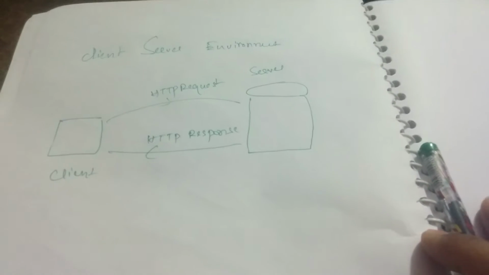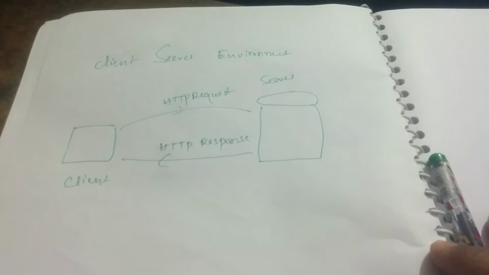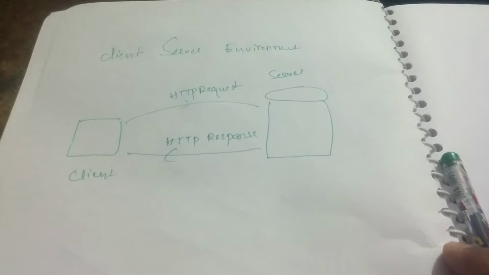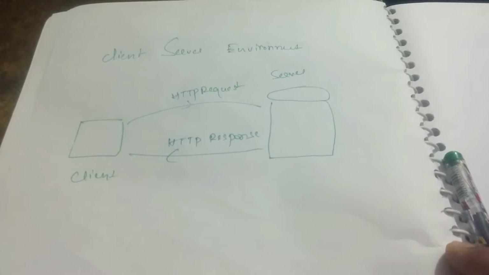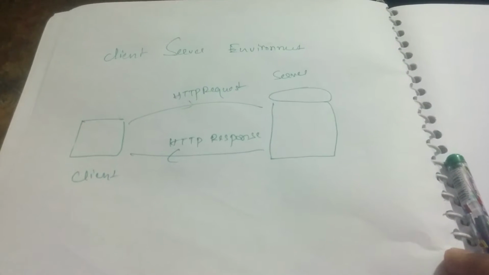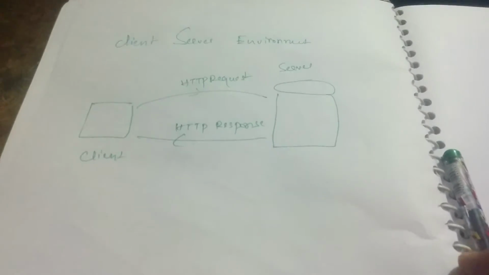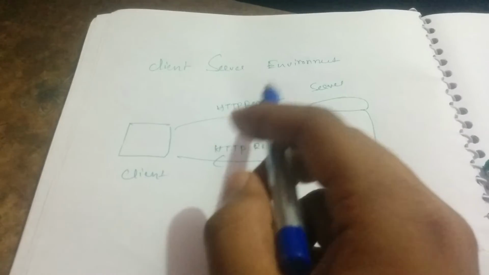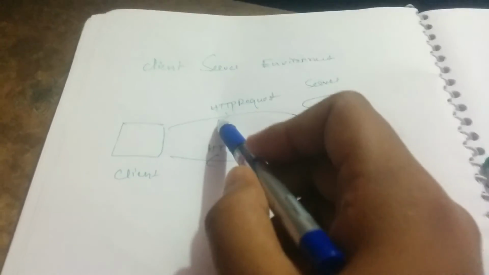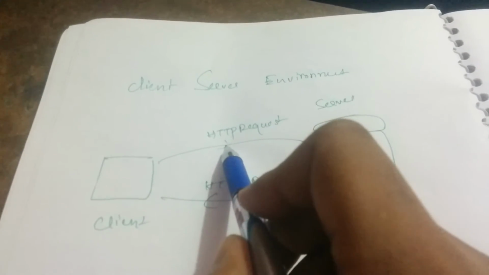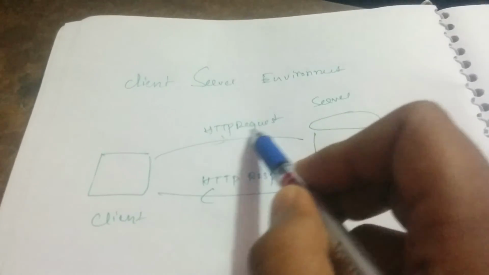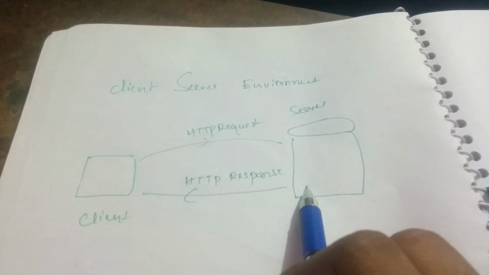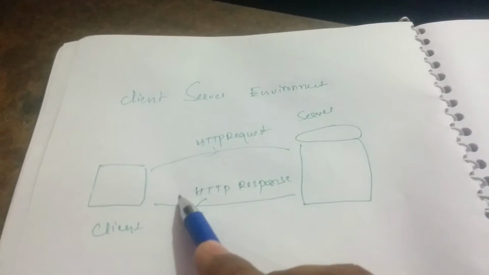Let's take an analogy. You type google.com in your browser. The server responds with google.com onto your browser. How does it actually happen? The client sends a request to the server by enclosing the request www.google.com within the HTTP packets and sends it to the server, and the server responds with the page using the HTTP protocol.